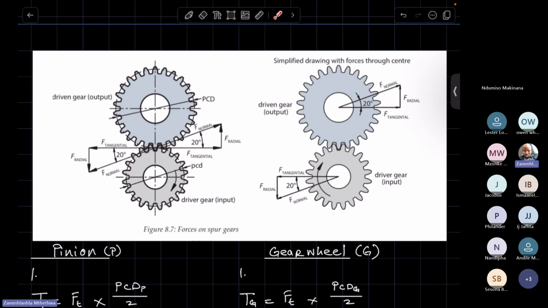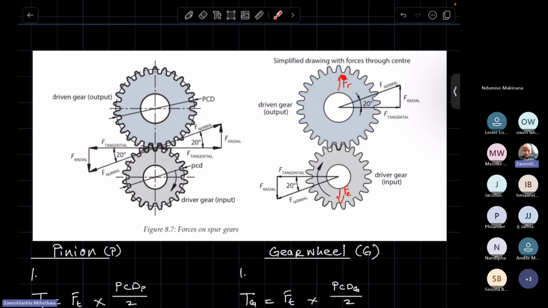So the radial force for this one would be in that direction, and the radial force for this one would be in that direction. So this is Fr. So the radial force is essentially the force that tries to take the meshing gears apart. If you look at meshing gears, where they mesh, it's like something is trying to pull them apart.